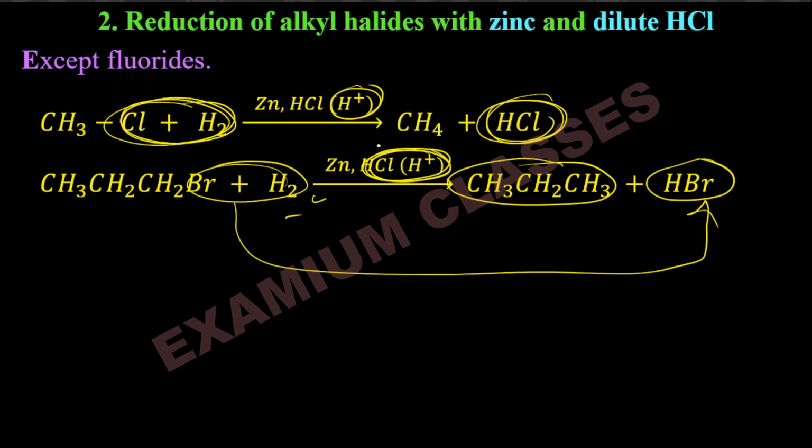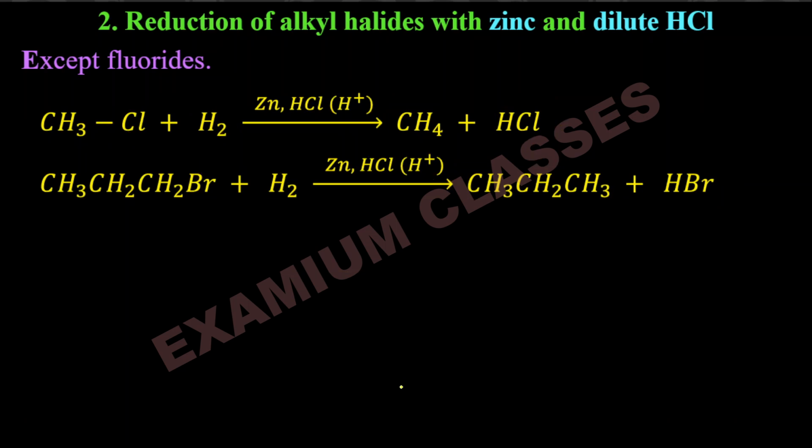Now sometimes question is asked in this one, why it is more useful to use alkyl chlorides instead of alkyl bromides. So you can see why it is preferred. It is preferred to use alkyl chloride.